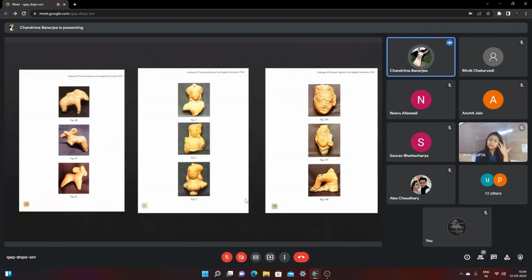You can see some pictures of the various archaeological evidence, which dates back to 1500 BCE and helps us date the site of Varanasi.